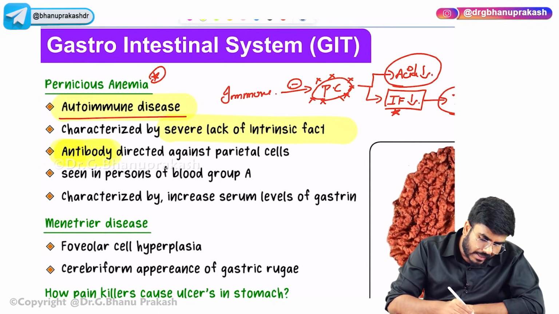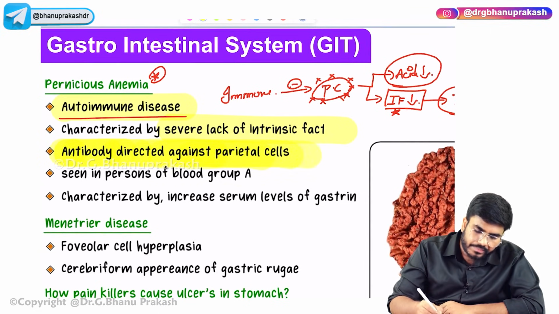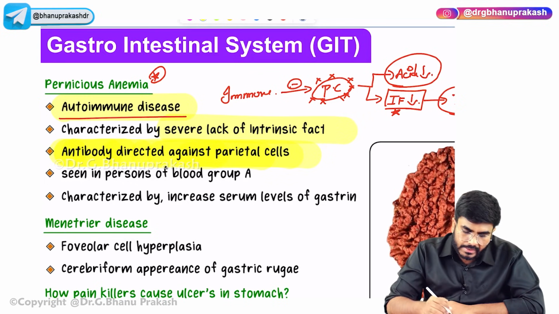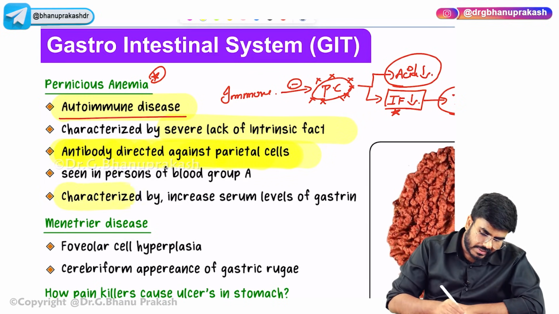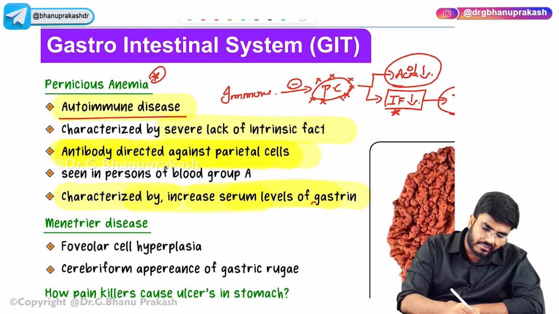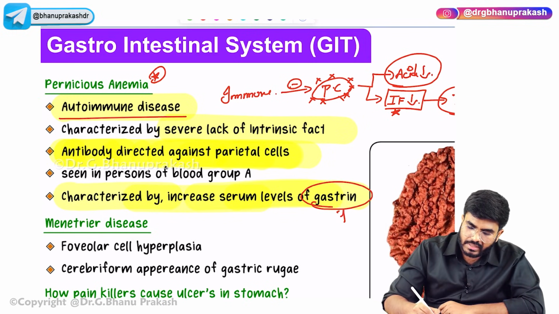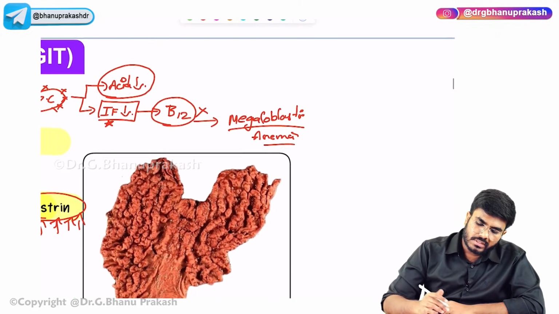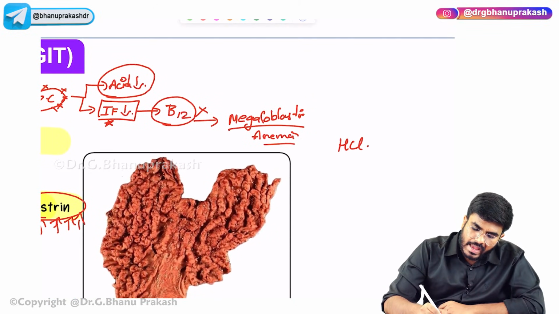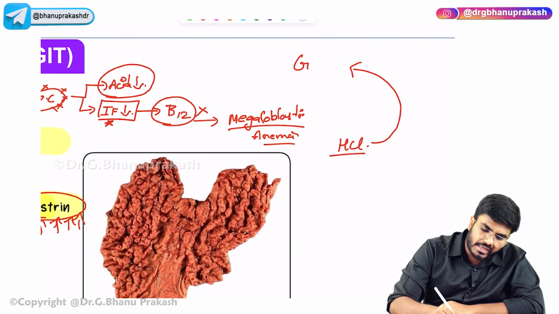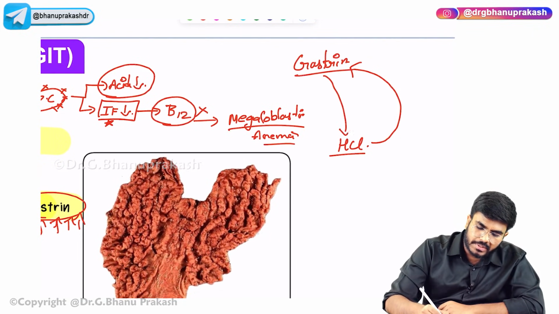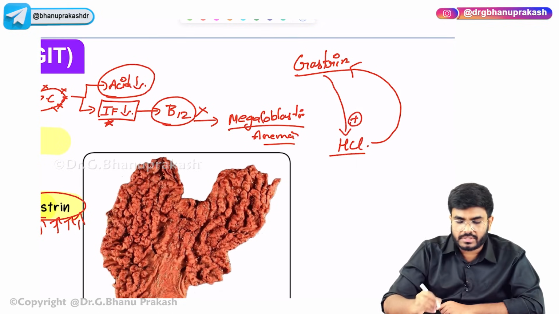What exactly is happening? There is antibody-directed damage. The antibodies are coming and killing the parietal cells. Now, it is characterized by increased serum levels of gastrin. Why are gastrin levels more in this condition? Because HCl, acid, gives negative feedback to gastrin. I have told you gastrin helps in the production of acid.